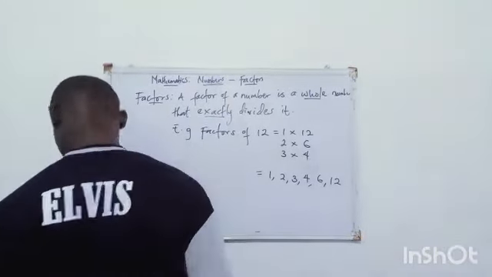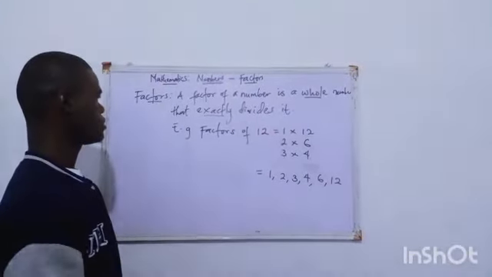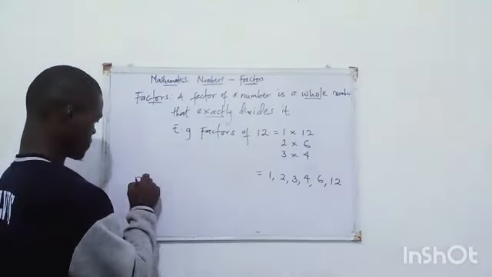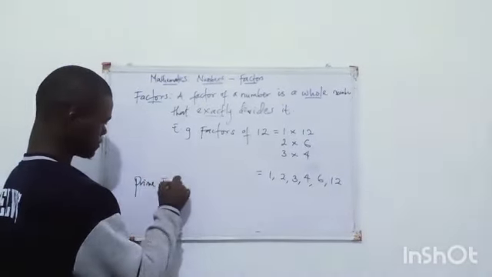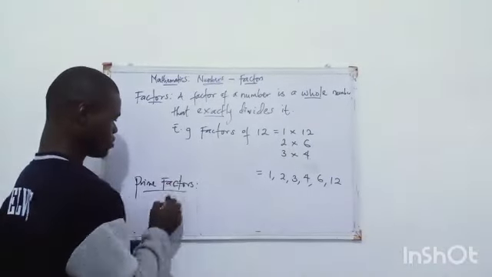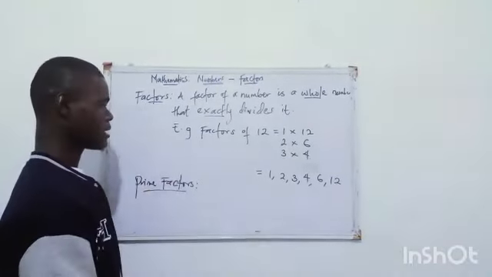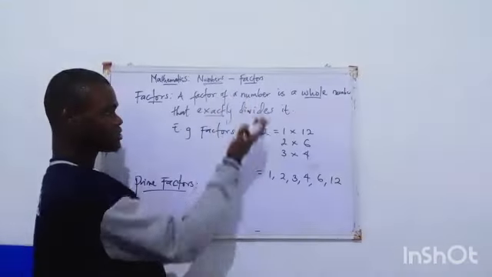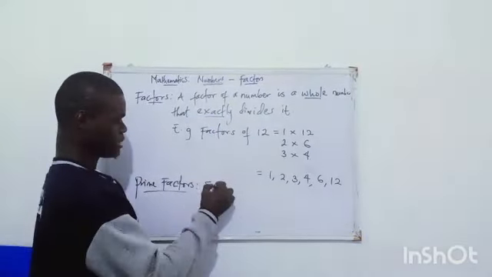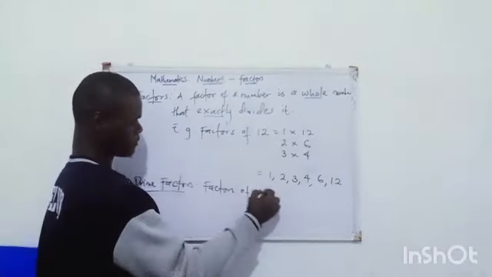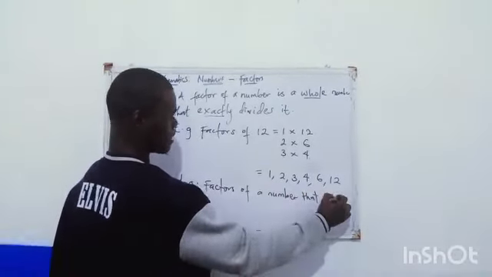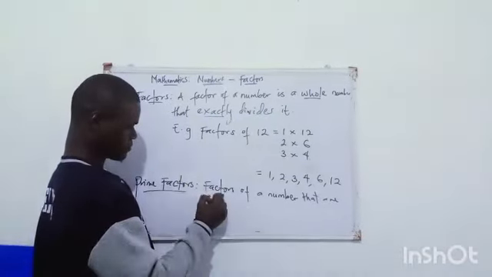So now let's go to the next one, which is prime factors. Let's just write that down here. We have prime factors. Now, if you understand what factors are, you understand what prime factors are. Prime factors are simply factors of a whole number that are prime. So I said factors of a number that are prime.